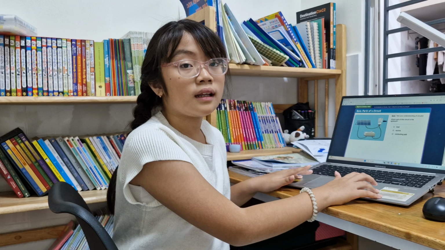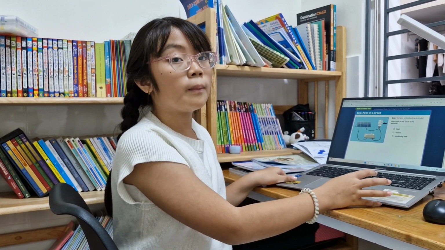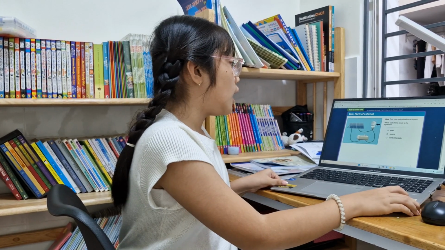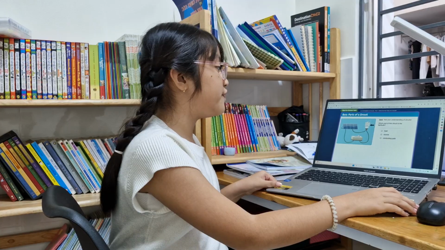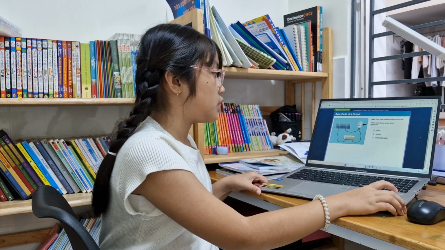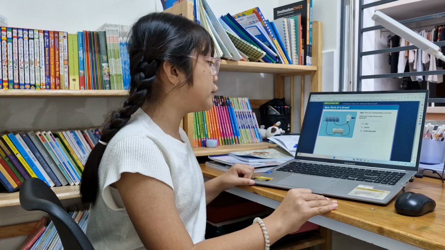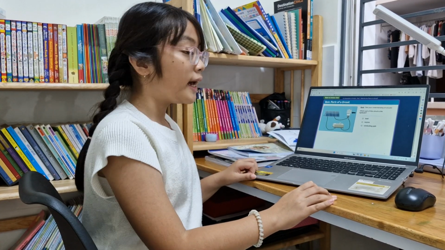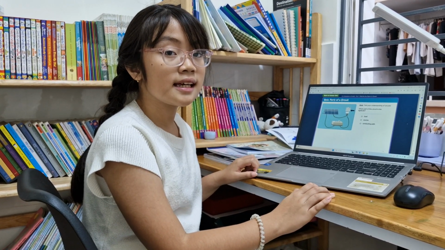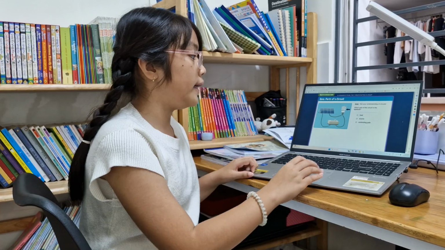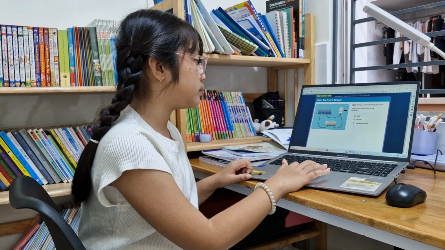Now let's do some quiz. Which part of this circuit is the light bulb? The light bulb uses electricity and provides light and heat, so it will be the load.